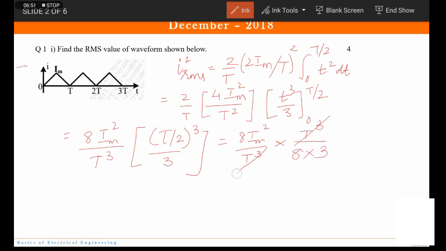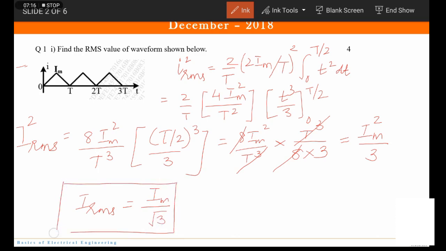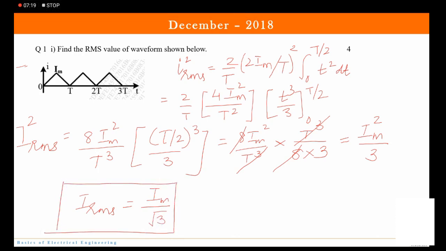So T cube and T cube cancel, 8 and 8 also cancel, and finally we get the value Im square by 3. But this was I square RMS. After taking the square root on both sides, I get IRMS equal to Im upon square root 3. This is how the RMS value is calculated.